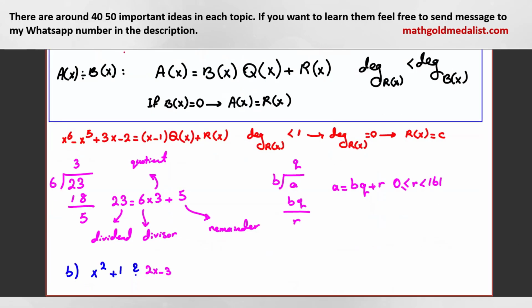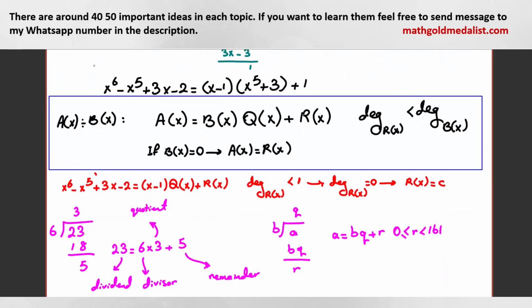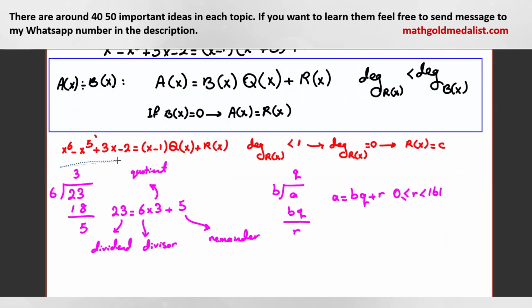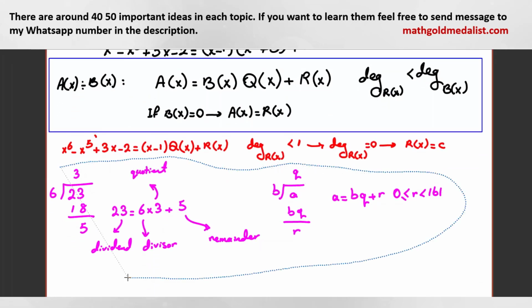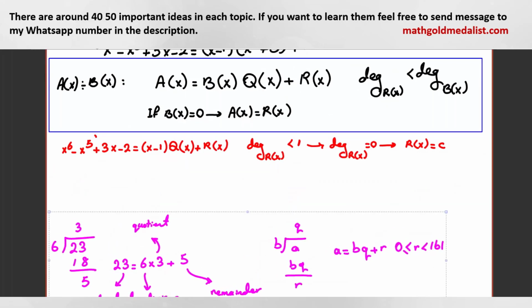Let's move this to one page. Now, we know that if b of x is 0, then a of x is r of x, right?